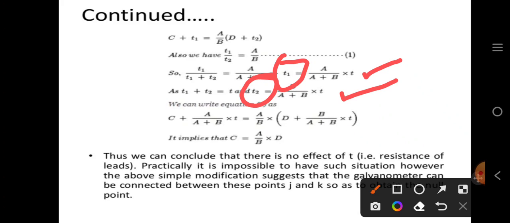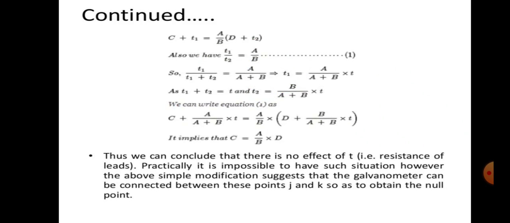If we put these values of T1 and T2 here, we can modify the equation as C plus A upon A plus B into T is equal to A upon B into (D plus B upon A plus B into T).